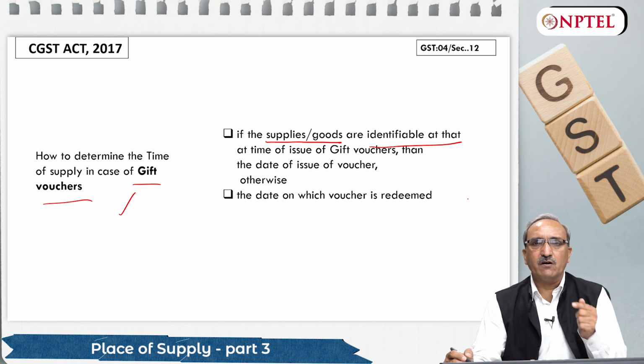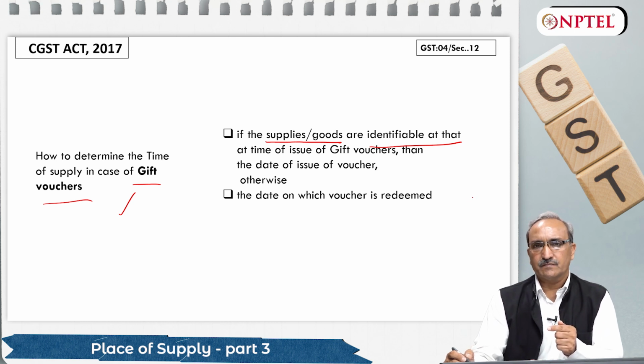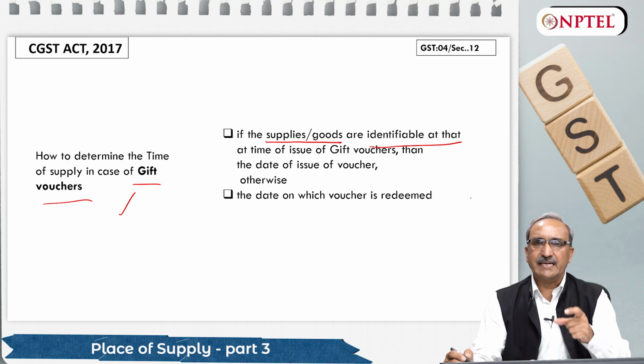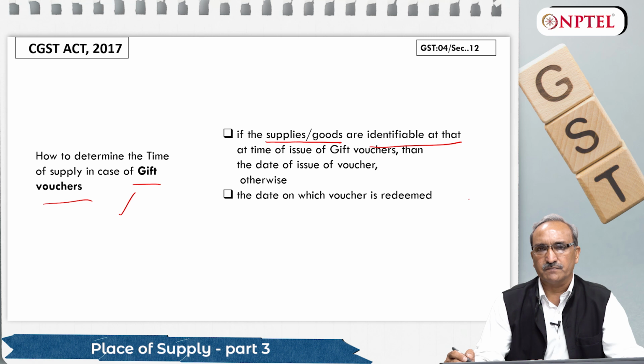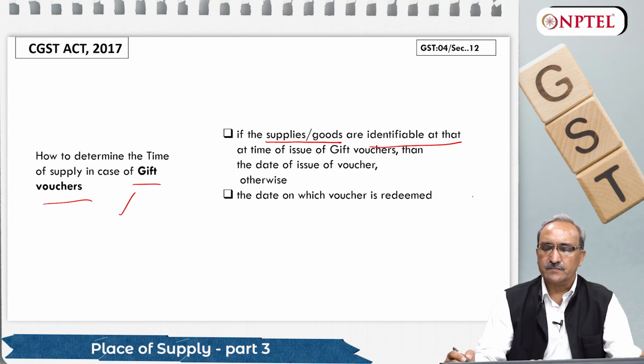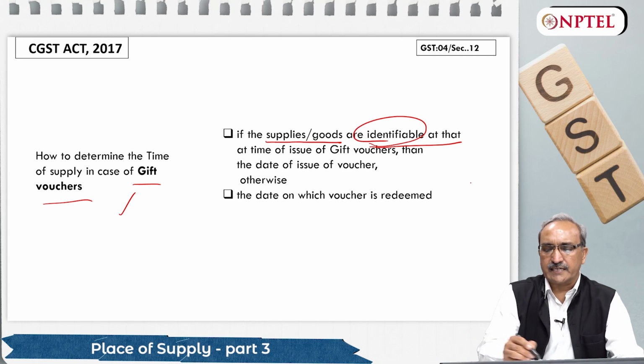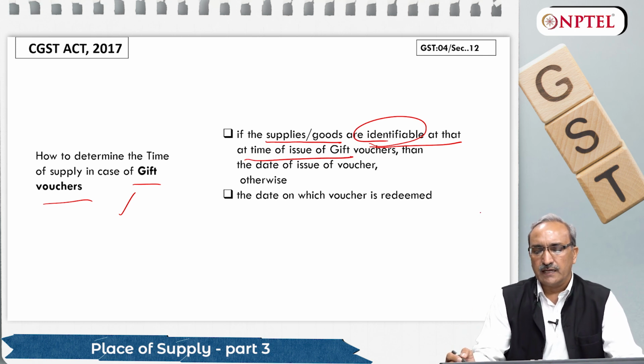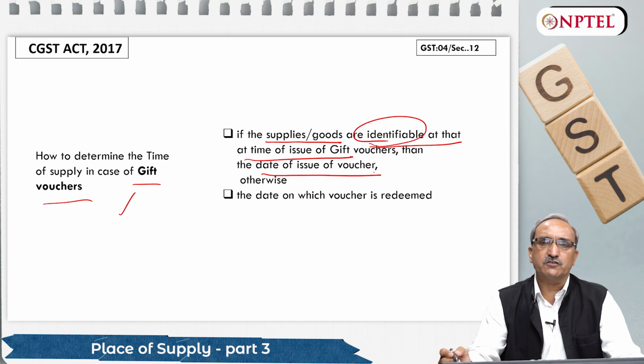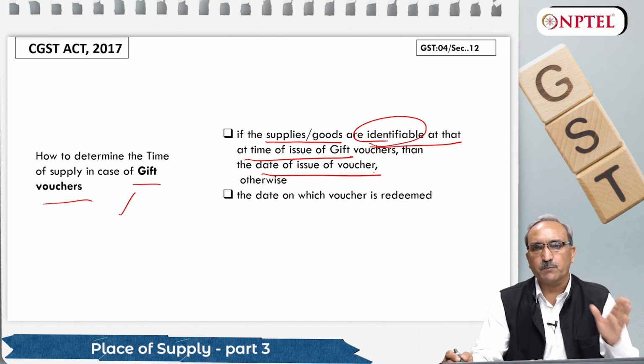So at the time of issue of voucher, supply is clear that these goods can be purchased against redemption of this voucher. If that is the case, then it says if the supply is identifiable at the time of issue of this gift voucher, then the date of issue of the voucher is the point of taxation, is the point of supply.